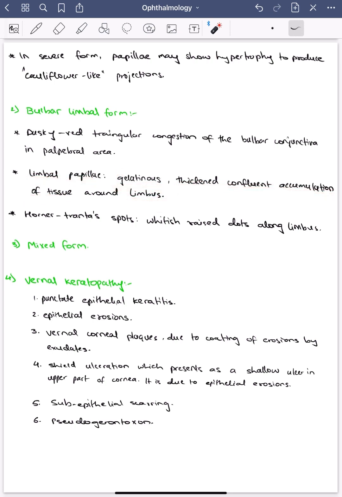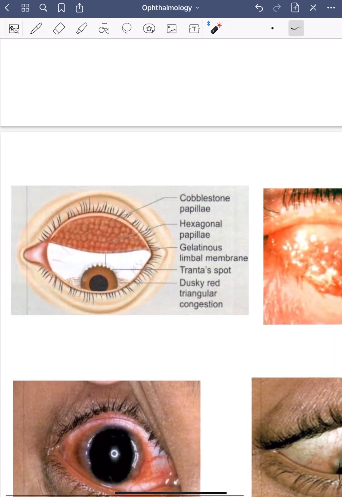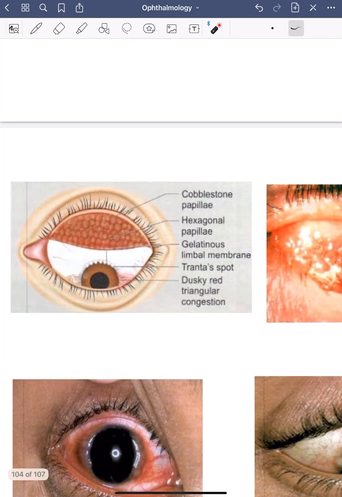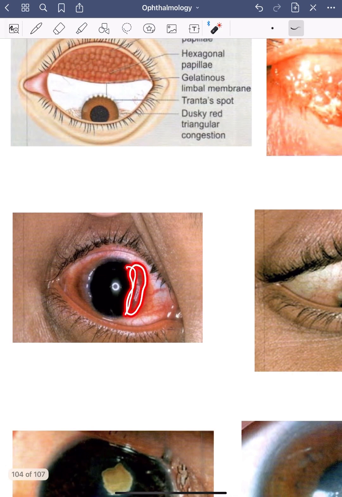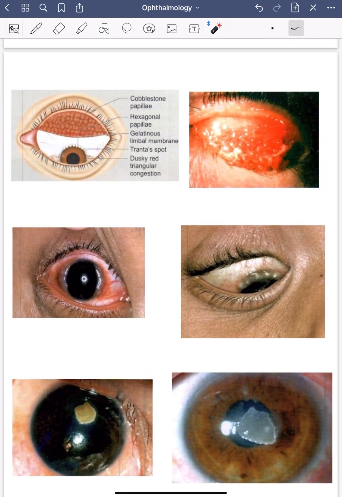The third feature is the presence of Horner Trantas spots, which are whitish raised dots along the limbus. So again, in this diagram, in the bulbar limbal form we have the dusky red triangular congestion. Then we have the limbal papillae, that is the gelatinous accumulation of tissues in the limbus area.